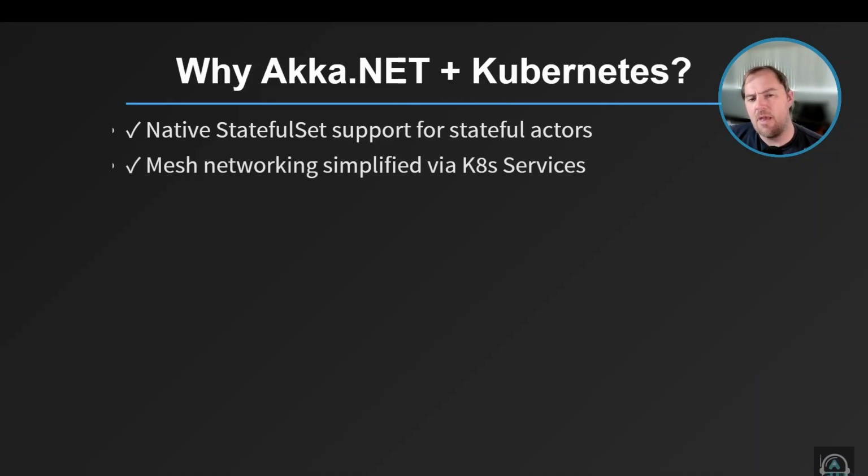I would argue, though, probably the biggest reason for working with Kubernetes is that it greatly simplifies the networking requirements for something like Akka.NET. Akka.NET and other peer-to-peer application frameworks like Microsoft Orleans are building mesh networks. Every node needs to be able to communicate with every other node inside the network. That's the fundamental essence of the peer-to-peer networking model that these types of applications require.